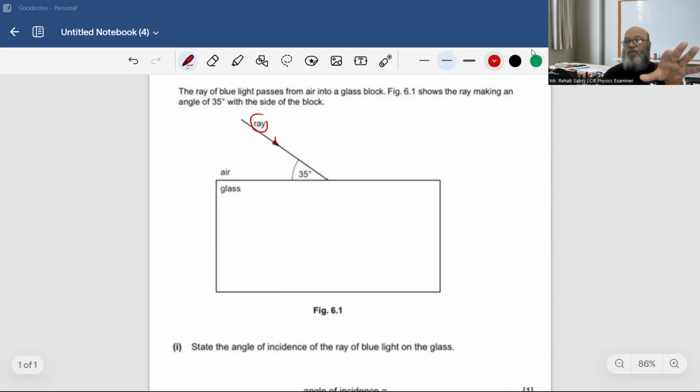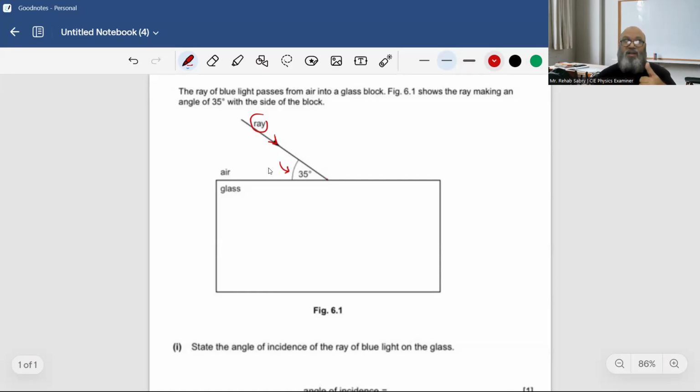In this question, there is an incident ray, which is that ray that's incident on the side of a block, and the question gives us the angle between the surface and the incident ray. In these kinds of ray diagram questions, we have to keep the following points in mind.